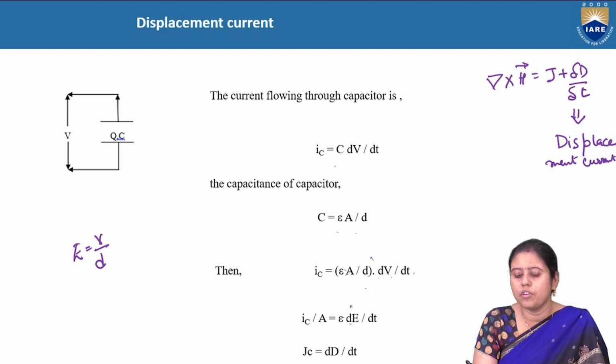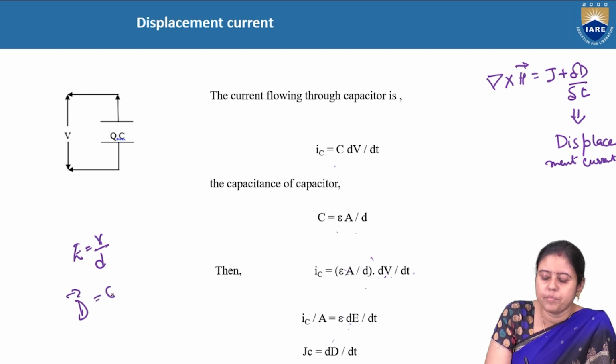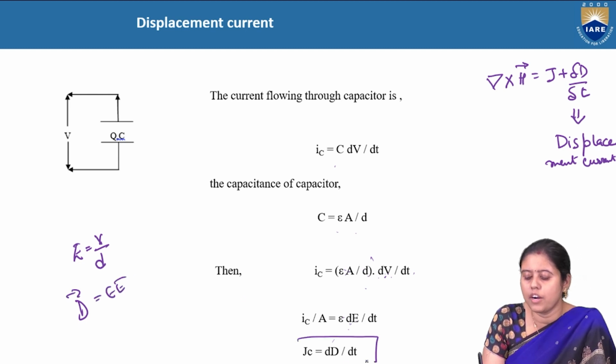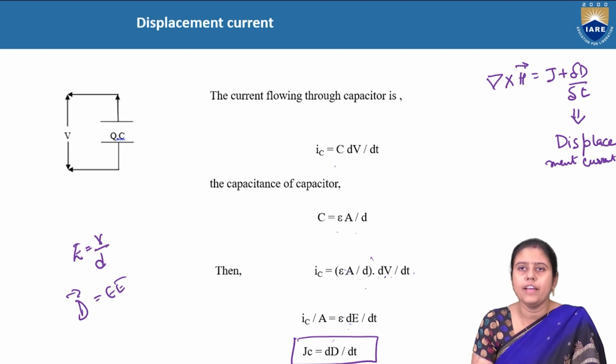So we got IC by A is equal to epsilon dE by dt. Epsilon dE is nothing but dD, because D is equal to epsilon into E, and we got the displacement current density JC is equal to dD by dt.